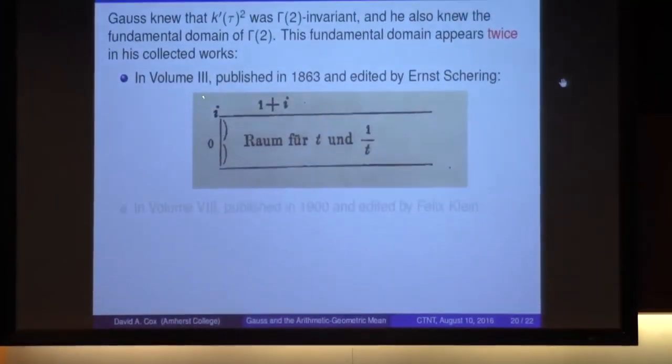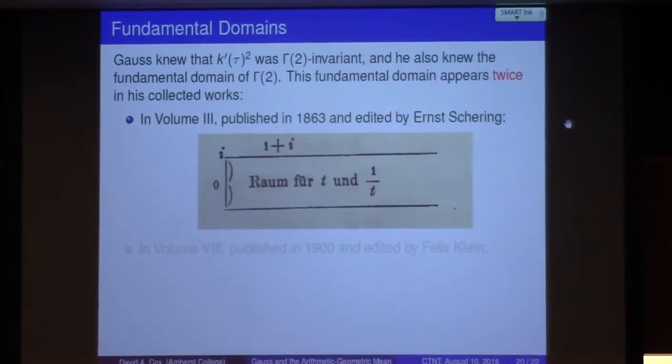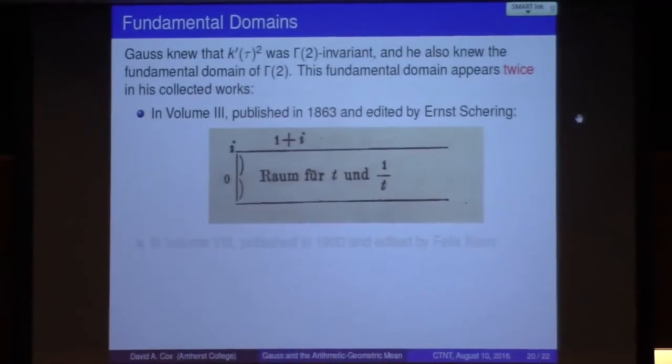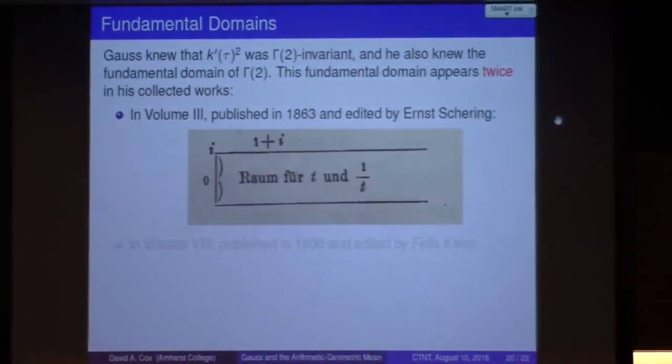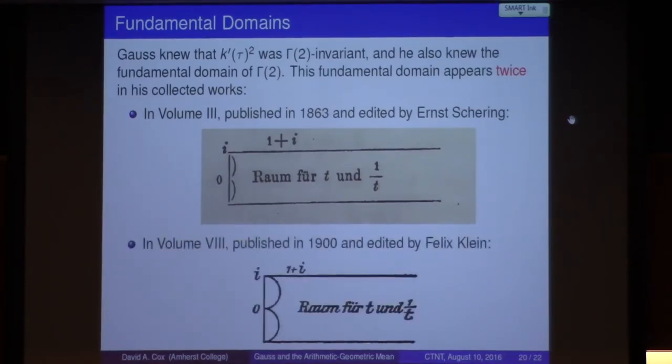So what should have been semicircles, they just put big parentheses because they didn't really understand the math that Gauss had done 60 years before. It took a long time for math to catch up to Gauss. And so they fixed it in 1900. This is 45 years after he died.